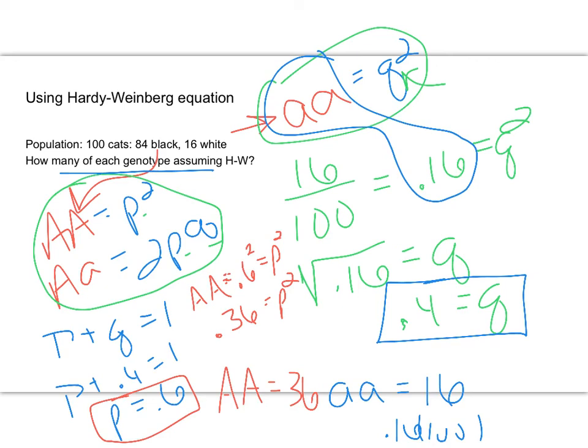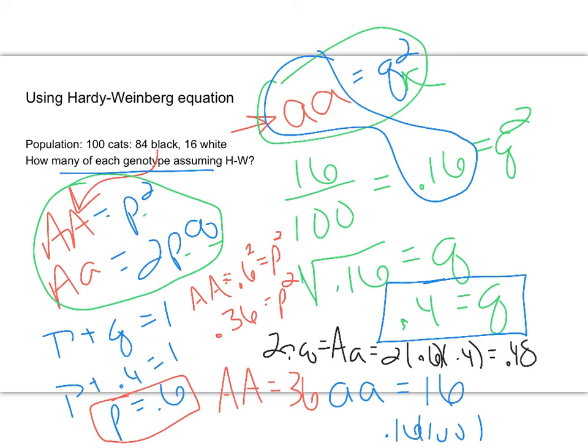And now I can just plug in information, right? I have p and I have q. So 2pq, which is my heterozygous genotype: 2 times 0.6, not 0.36, because it's 2 times p, not p squared, times 0.4 equals 0.48.